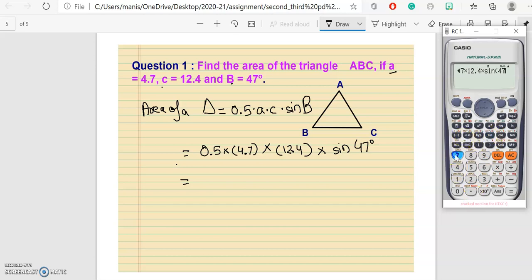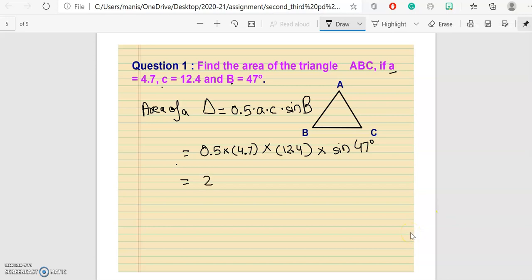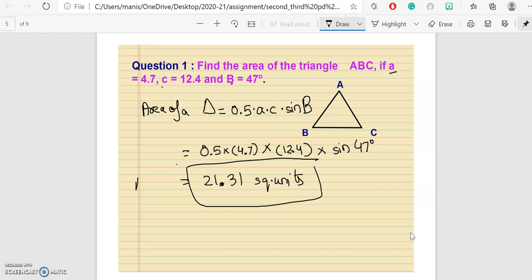This is your sine 47. Since I opened the parentheses, I will close them, and my answer is 21.31. So the area of the triangle in this case is 21.31. Always remember to write square units because this is the area we are finding. That's your answer for this question, 21.31.